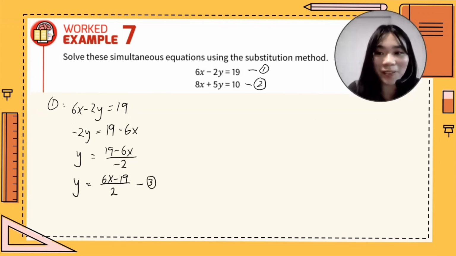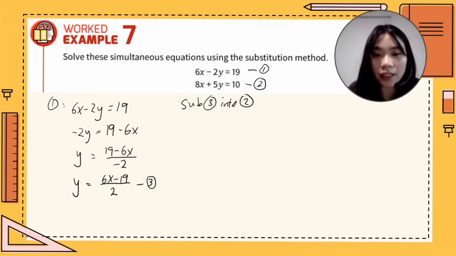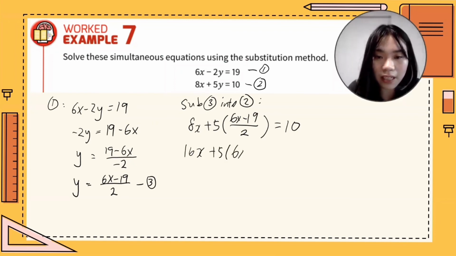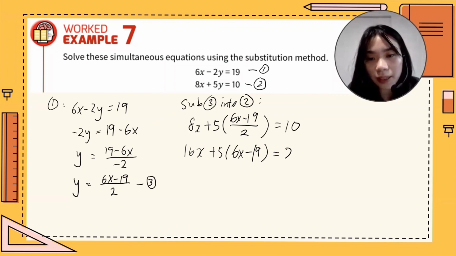Now that I've gotten my third equation, let us substitute our third equation into the second equation. I will get 8x plus 5 times 6x minus 19 over 2 equals 10. What I want to do is multiply 2 to all of the terms so I can get rid of the denominator, which means it's 16x plus 5 times 6x minus 19 equals 20.